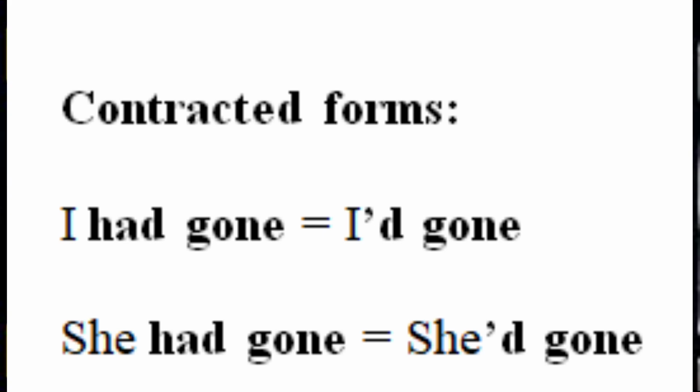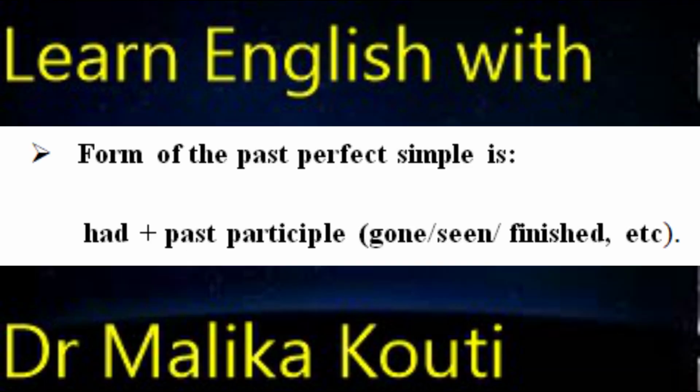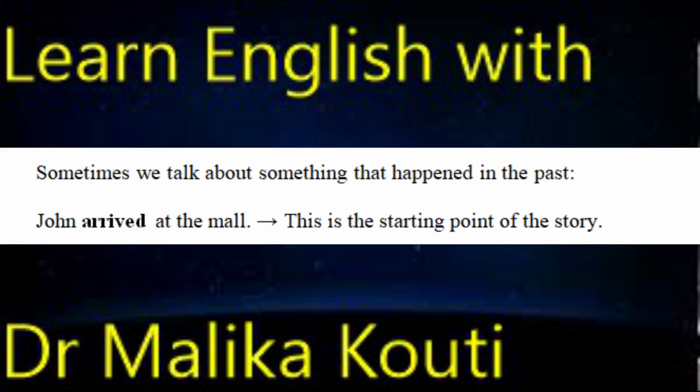Okay. Now, the form of the past perfect simple is had plus past participle. For example, had gone, had seen, had finished, etc. Sometimes we talk about something that happened in the past. So, John arrived at the mall.